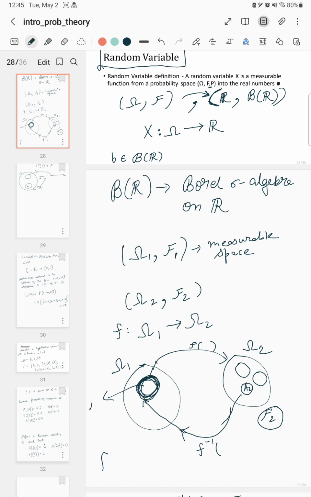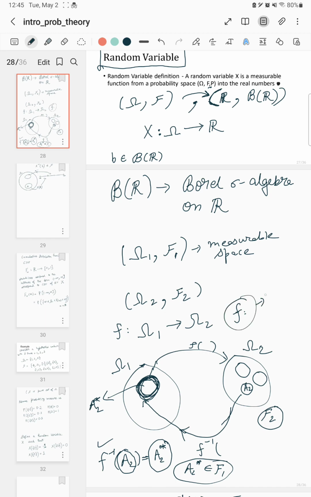Let's name this A2 star. So f inverse of A2 is equal to A2 star, and all such A2 stars for their corresponding sets present in F2 should belong to the sigma algebra on omega 1, which is F1. If this property is satisfied, that means the function f is a measurable function.